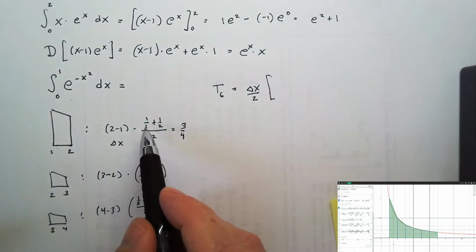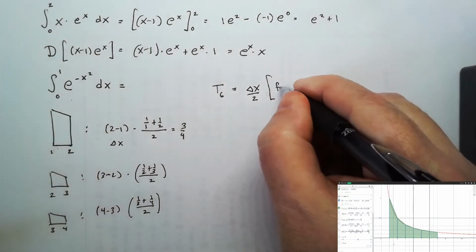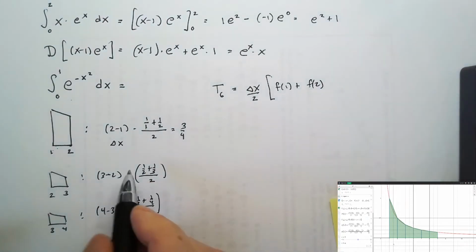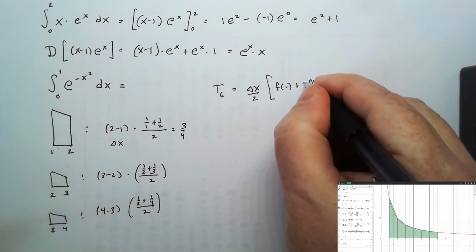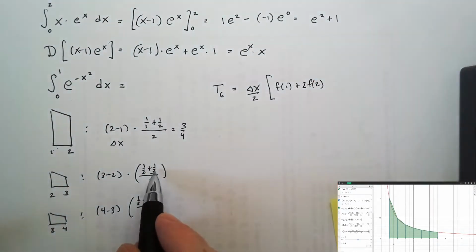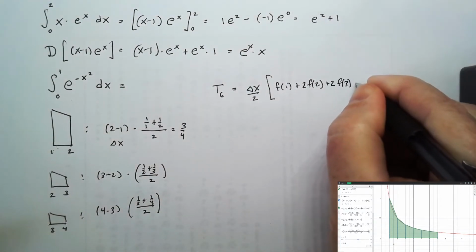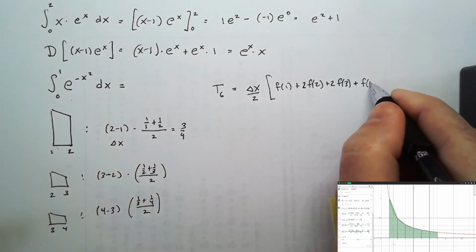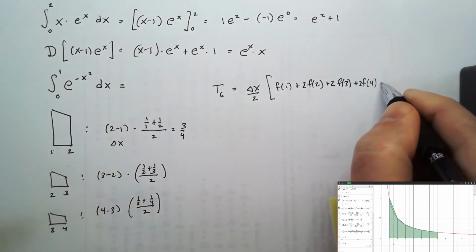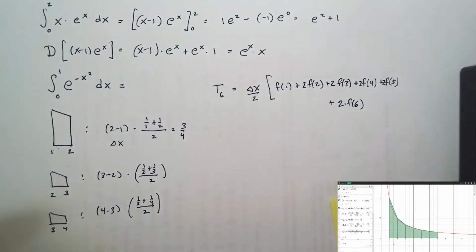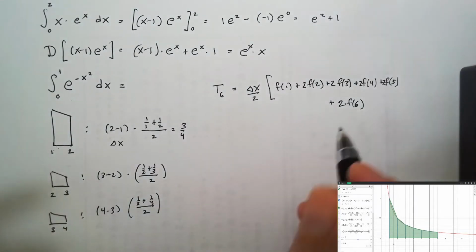And then I have my function evaluated at 1, plus my function evaluated at 2, plus my function evaluated at 2 again, so I have twice that, plus my function evaluated at 3 plus that again. Same thing for 4. Same thing for 5. Same thing for 6. And at 7, on my last trapezoid, I only get that last value once.